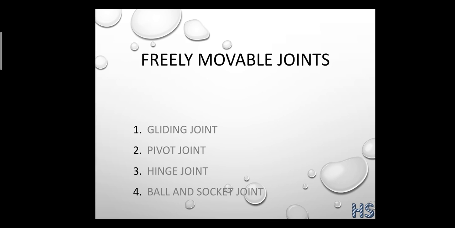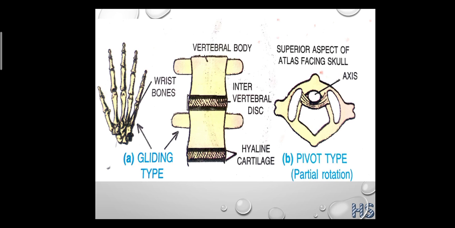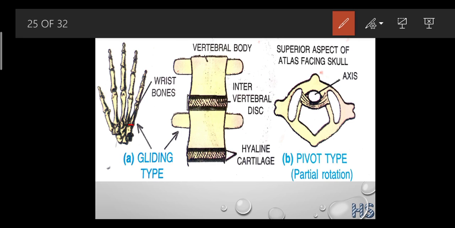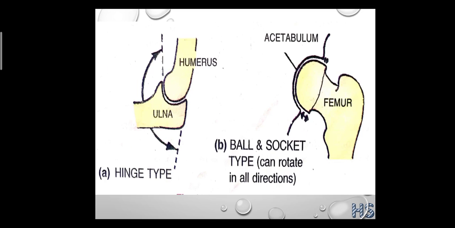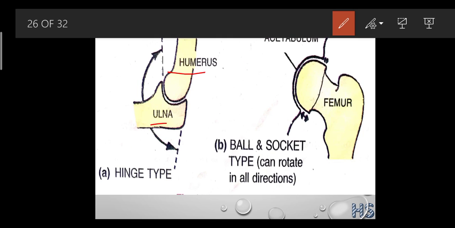These are the diagrams: gliding joints, pivot, and this is the hinge. Humerus means the arm, ulna is the forearm. This is nothing but the hinge part, and it is in the femur also.